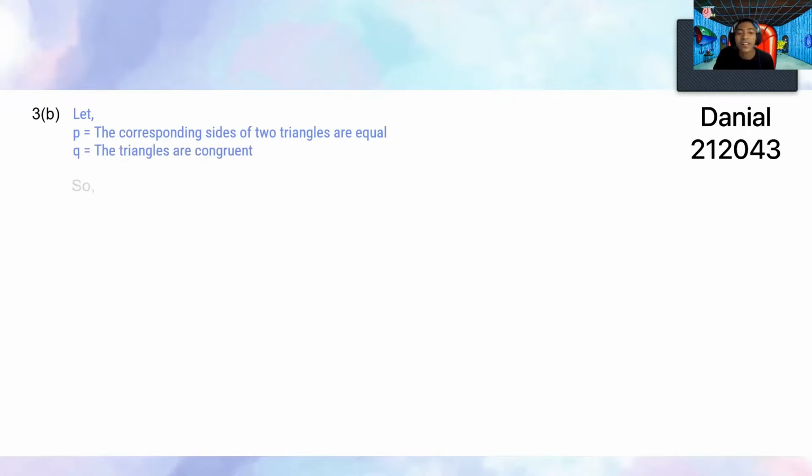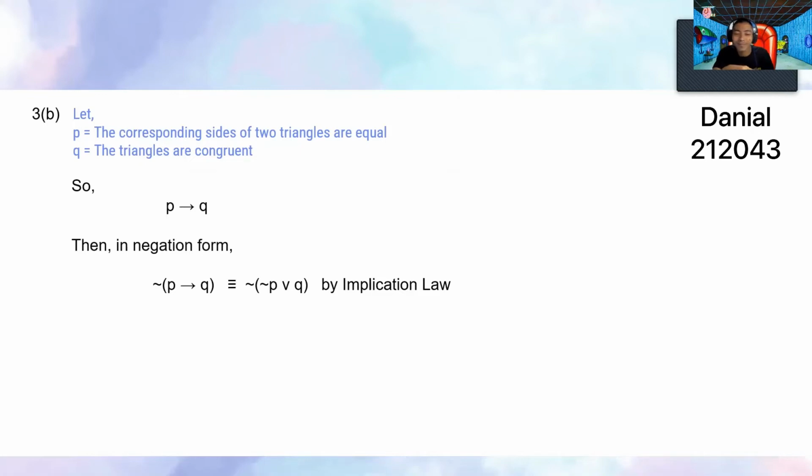From there, first thing first, we just need to let P be the corresponding sides of two triangles are equal, and Q the triangles are congruent. So the next thing is we know that P implies Q because if P then Q. So in negation form, we just need to put the negation bracket P implies Q bracket, and it is equivalent to negation P or Q by the implication law.